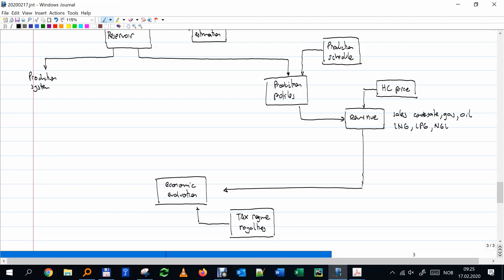Okay, and let's say what I call the production system. Depending on the size of the reservoir, the type of fluids that I have, the rates that I will produce, I have to define my production system. And here I have wells, which is almost like a separate department, gathering system, or what we say network.